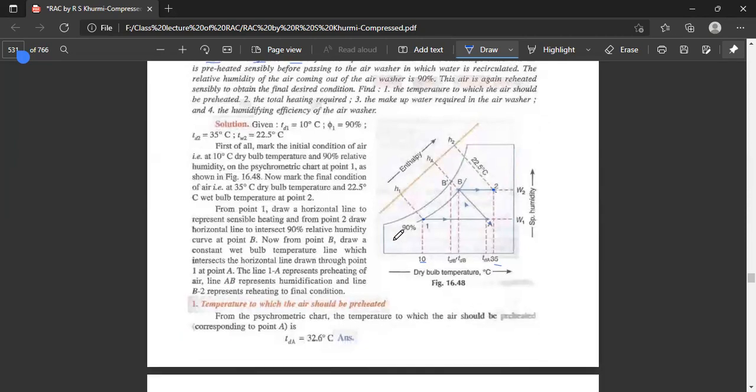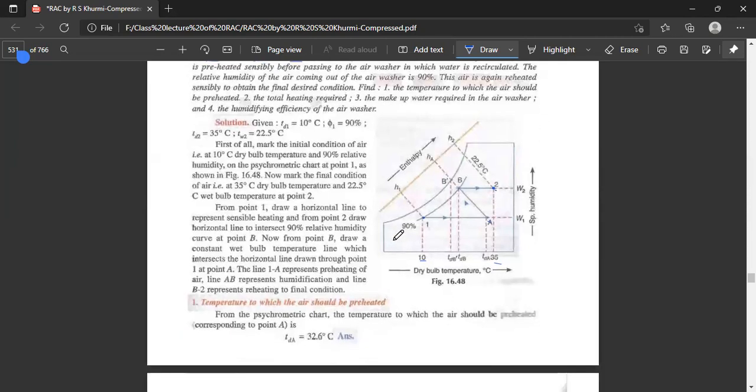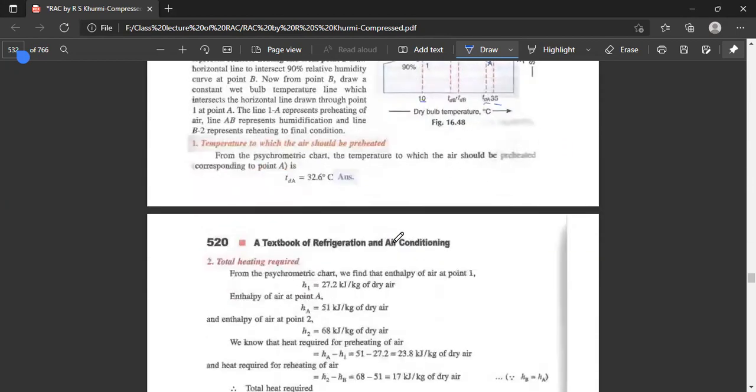So what we have to do is find the points A and B. The temperature to which air should be preheated is at point A. If we drop a vertical here, we'll get the dry bulb temperature at point A. And if we drop enthalpy lines, the enthalpy at point 1 is available, enthalpy at point A is also available, and enthalpy H2 is also available.